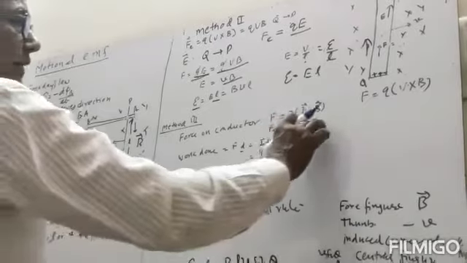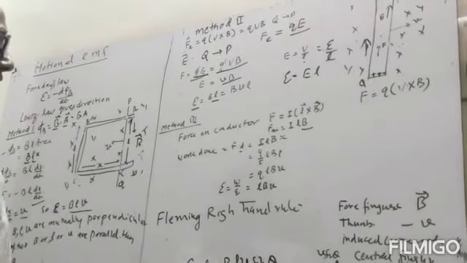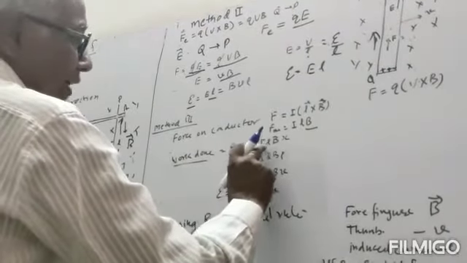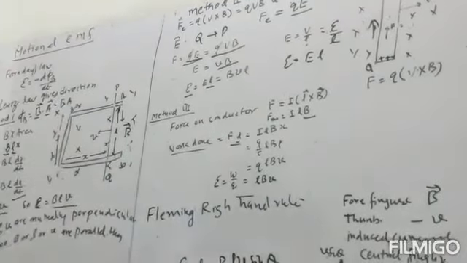Now if the displacement is d, then work done will be equal to F into d. That will be equal to ILB into distance.